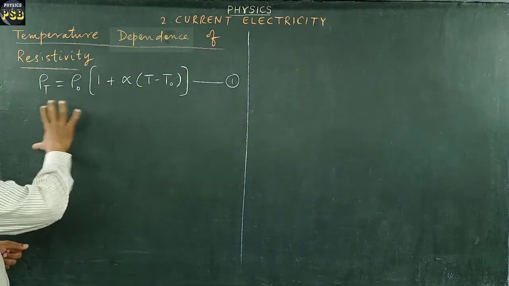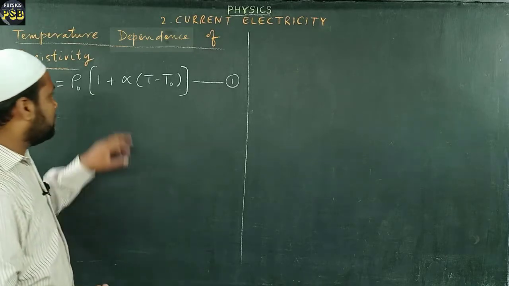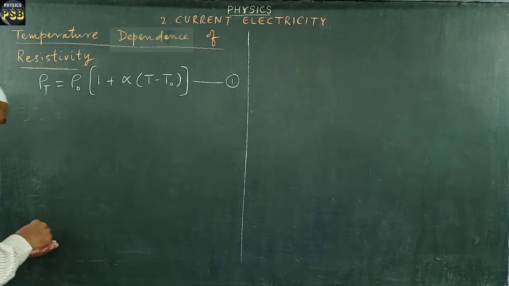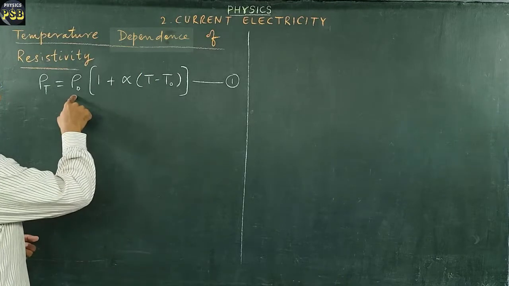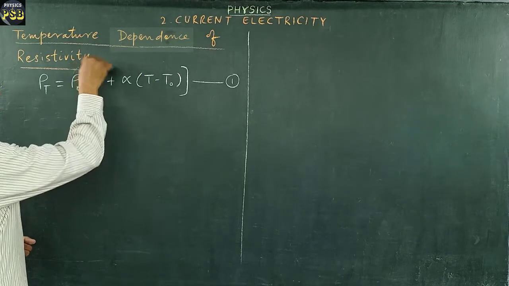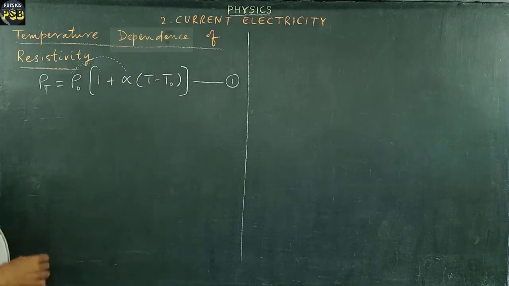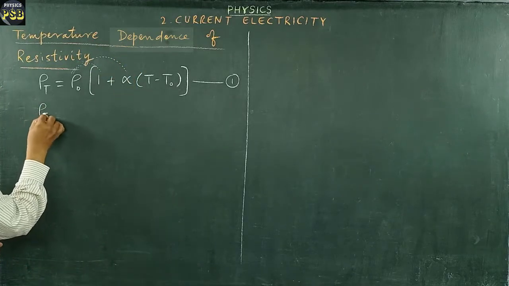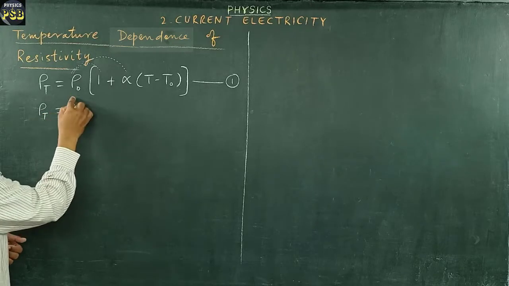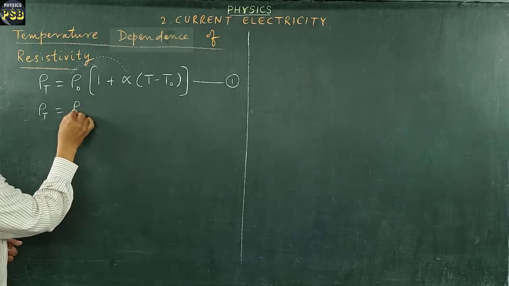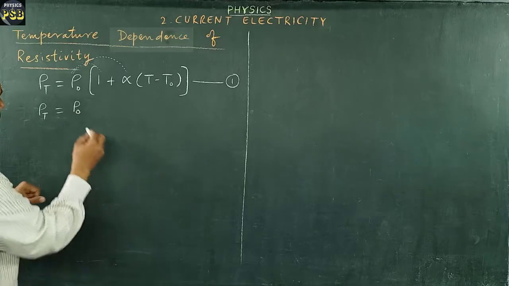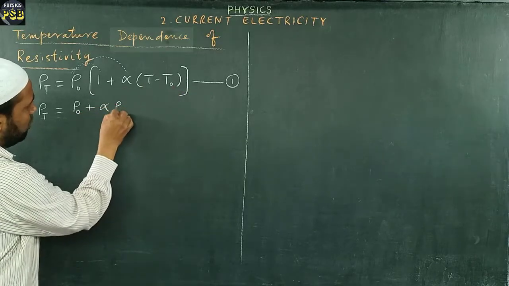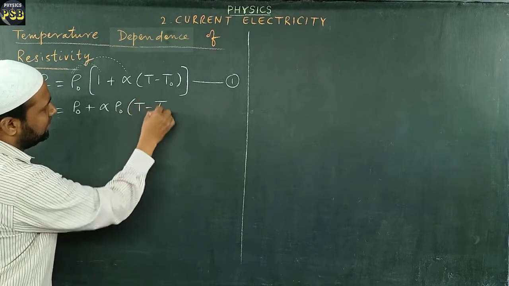Now from this equation number 1, I will get the expression for alpha. For that, I will multiply rho naught with each term. You see how I do it? Rho naught is multiplied with 1, so we get rho naught. Then it is multiplied with this term, alpha rho naught, T minus T naught.